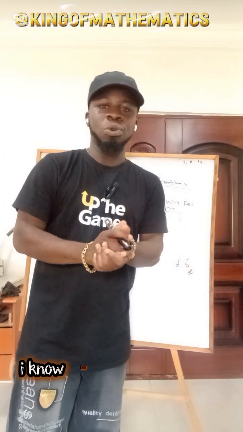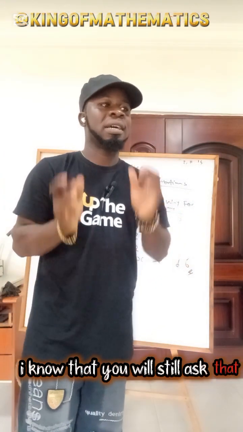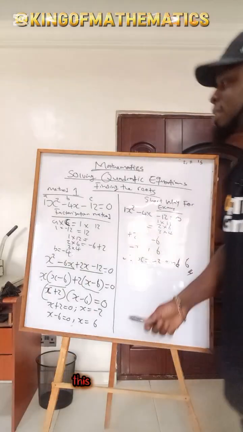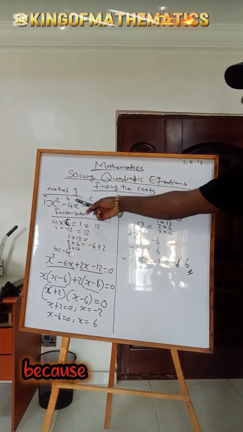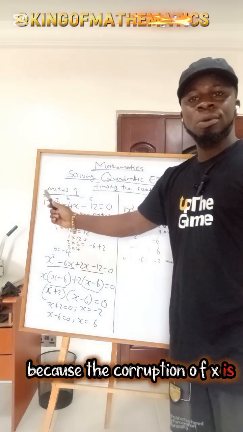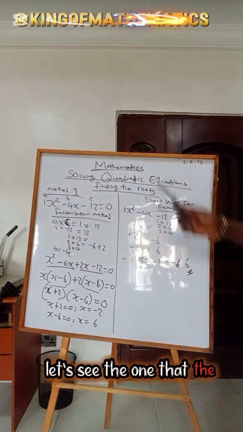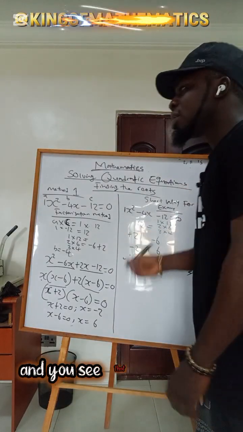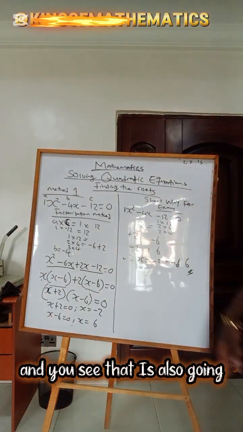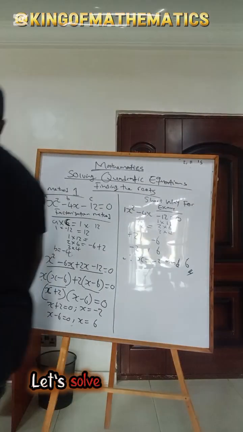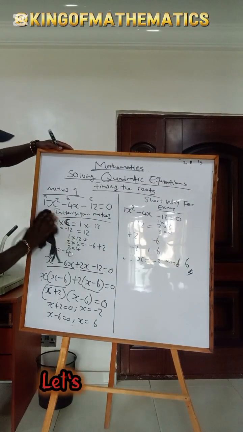I know that you will still ask that this is for a simpler case because the coefficient of x squared here is 1. Let's see one where the coefficient is not 1, and you see that it is also going to give us the answer. Let's solve it together and see. Let's see another question.